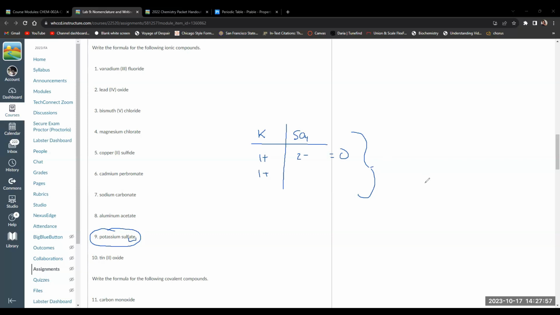So take what we know. Because we have 2 of them, we have 2 on the potassium.